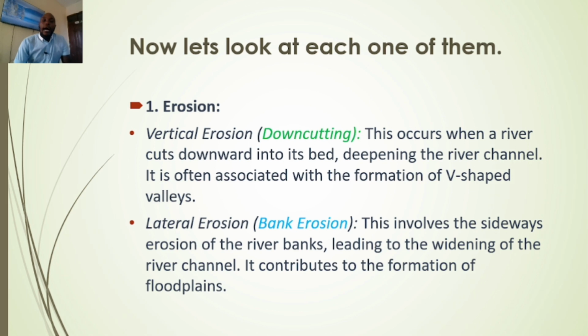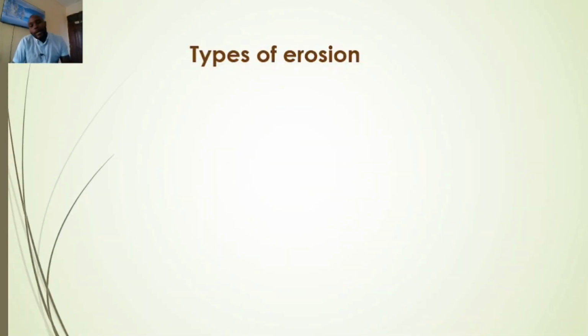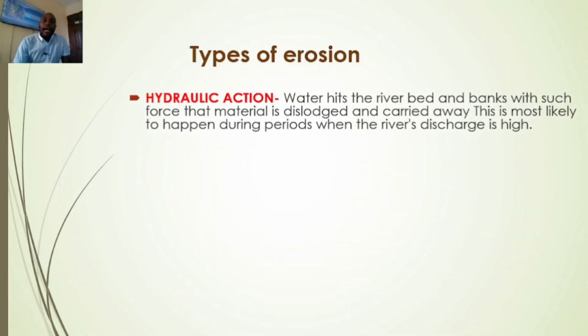Now let's look at the types of erosion. Not even actually in rivers alone, but generally we have four types of erosion. Let's talk about the first one, which is hydraulic action.